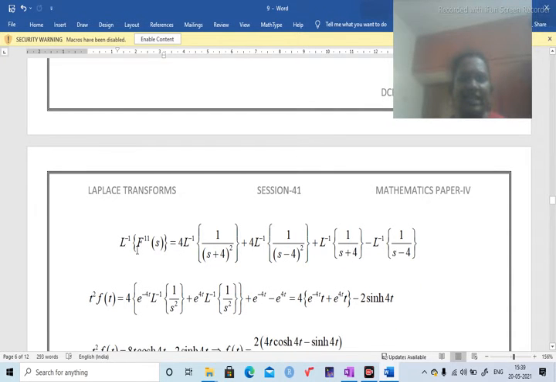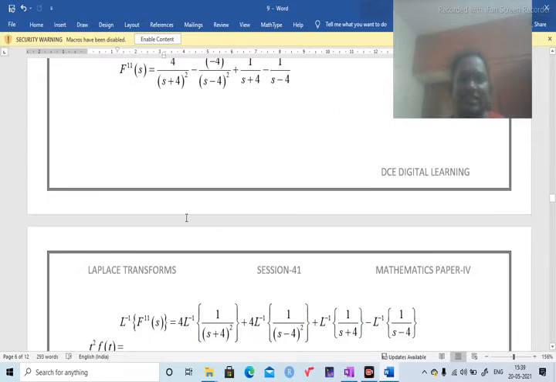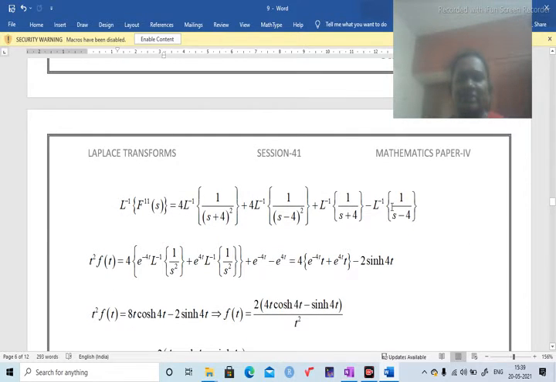Now L inverse of f double dash of s means L inverse of this. So write down L inverse for each term. Here plus 4 is there, that's why e power minus 4t.